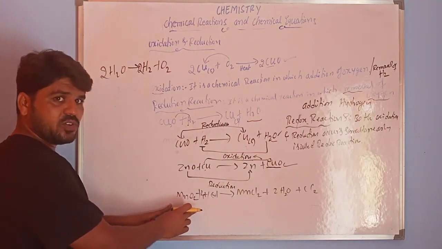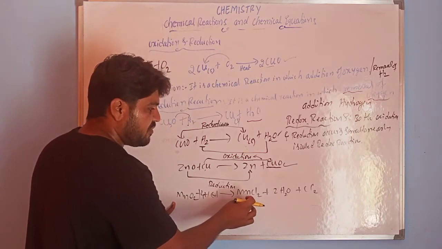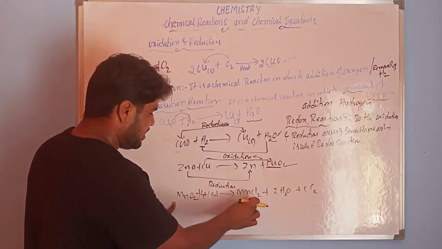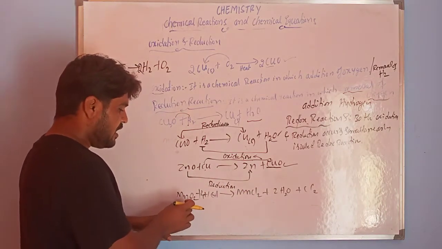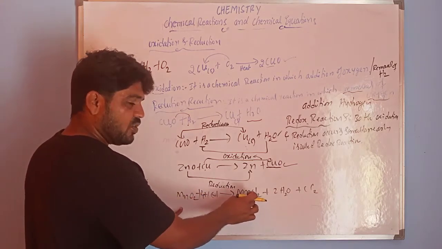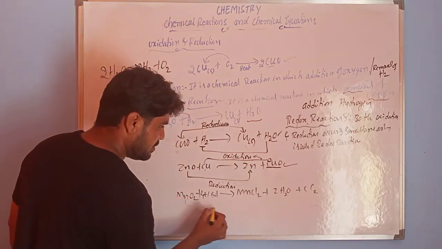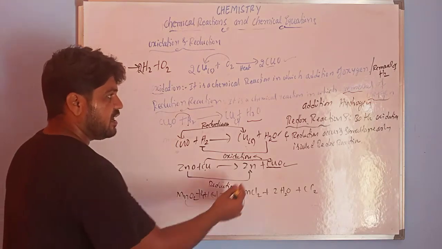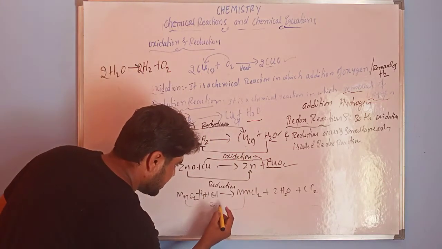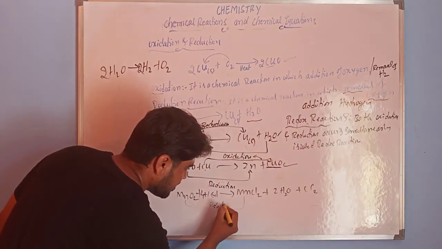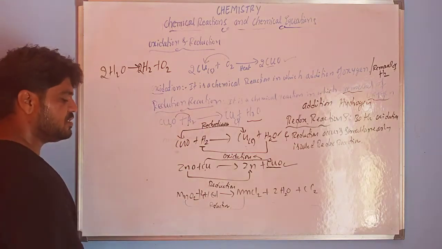In this MnO2, oxygen is removed in the product. Here MnCl2 is there, here MnO2 is there. In MnO2 oxygen is removed. So this process, removal of oxygen, we call reduction.